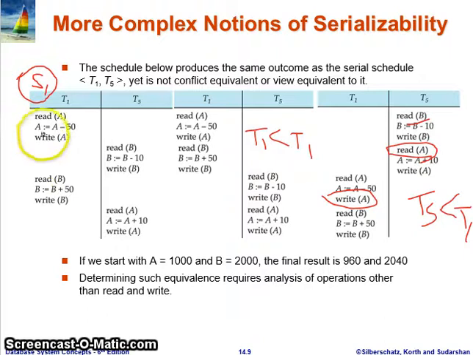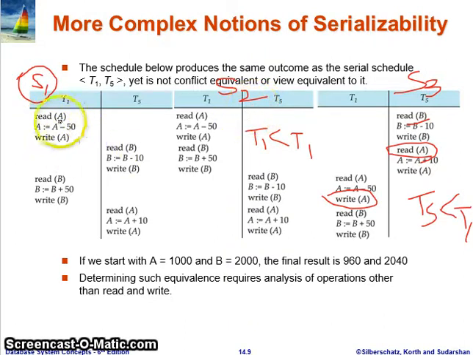So check the view serializability first. Call this S2 and this S3. Are S1 and S3 view equivalent or not?